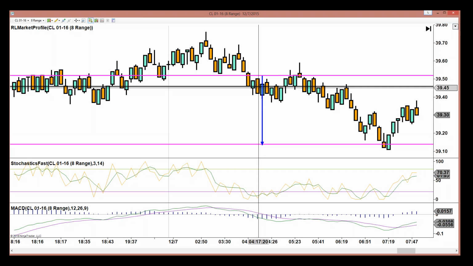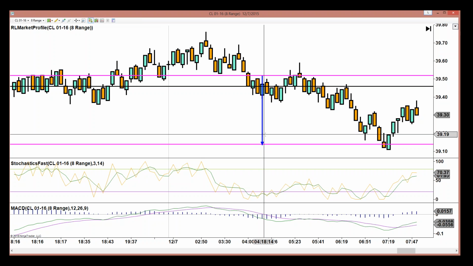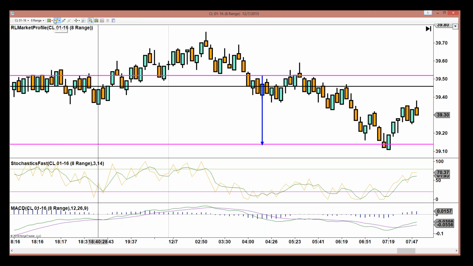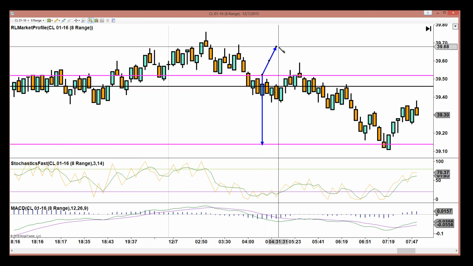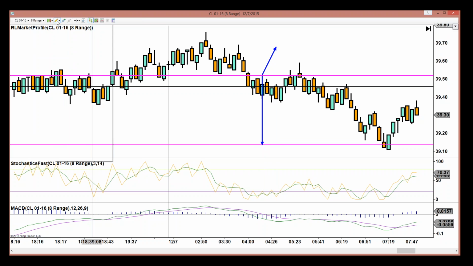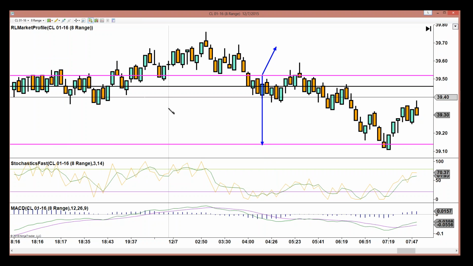So the market tends to want to stay within these two boundaries, and it doesn't really want to move above the value area high or below the value area low.